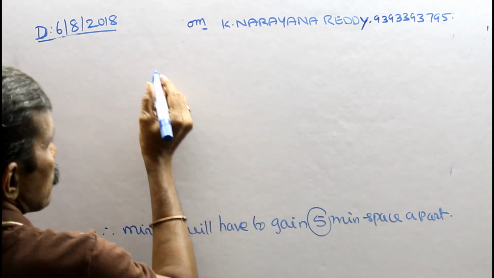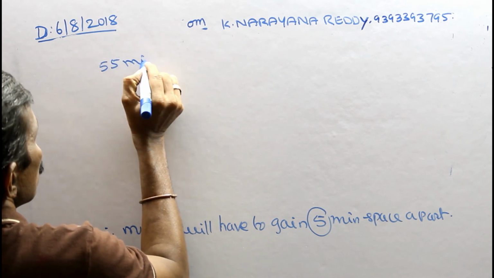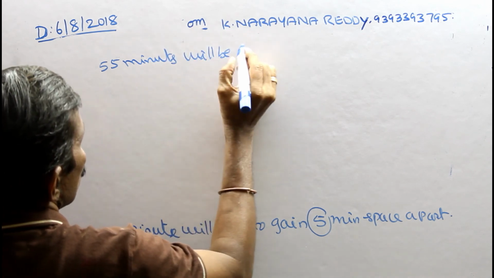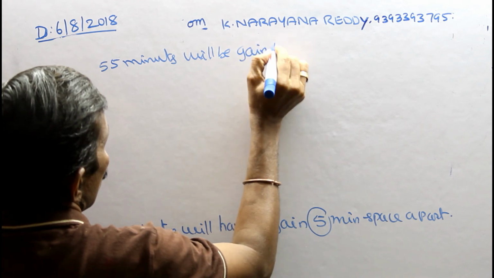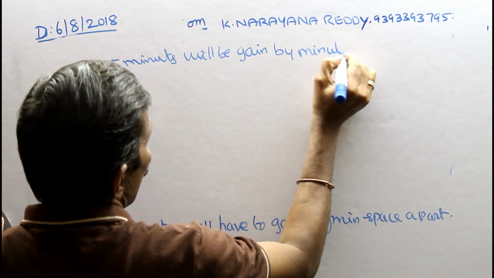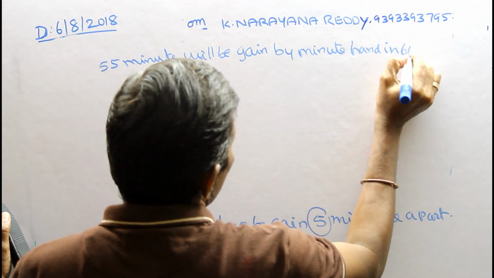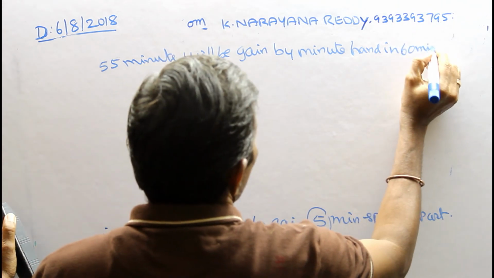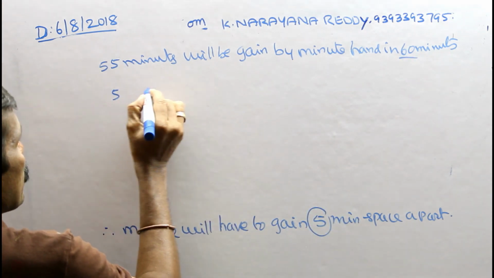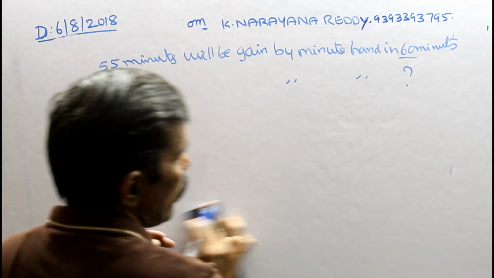So 55 minutes will be gained by the minute hand in 60 minutes. Okay? So 5 minutes gained by the minute hand in how many minutes? That you have to answer.